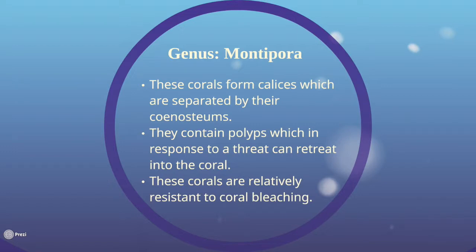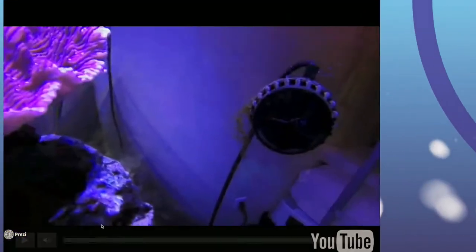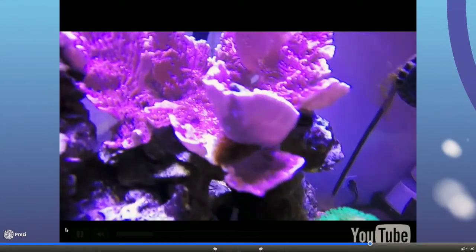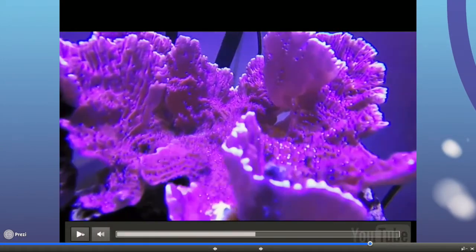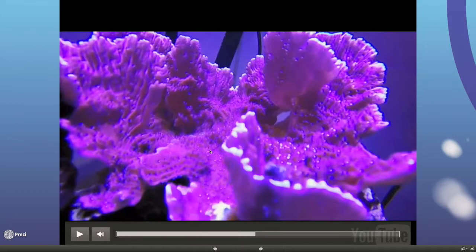They contain polyps which, in response to a threat, can retreat into the coral. These corals are resistant to coral bleaching. Now in this video, you can see a hard coral, and you can notice these shiny spots. They're the polyps on the hard corals, and they're responsible for nutrient absorption from the flowing water.